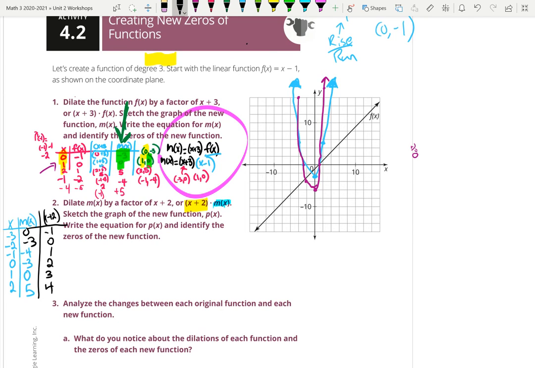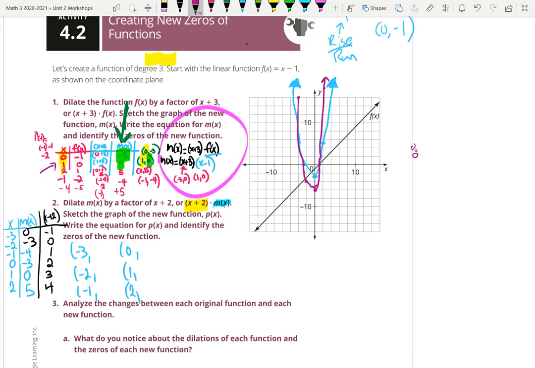I took the blue input, -3, and added 2 to get -1. Now this is the point where we're registering the outputs. My first point is going to be -3, comma something. I'm going to figure out all of these points and graph them. So let's figure out these new values.